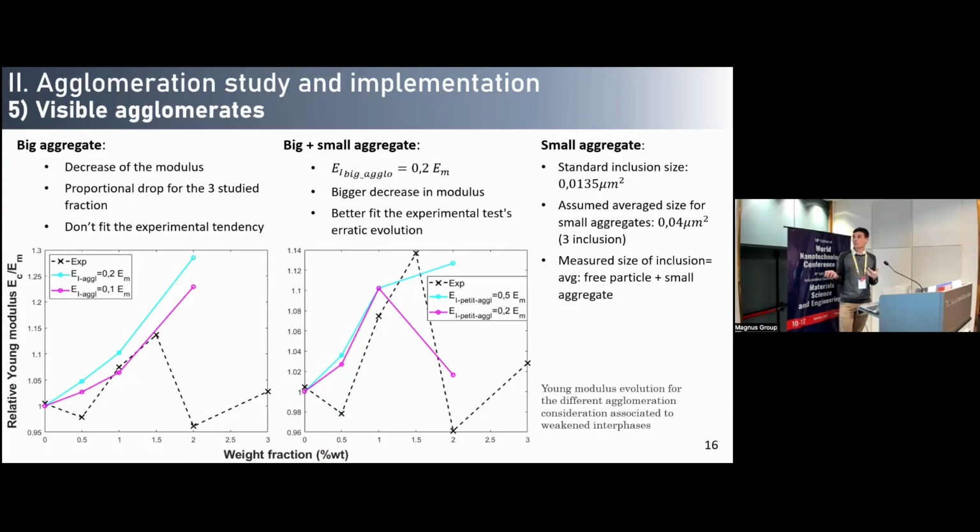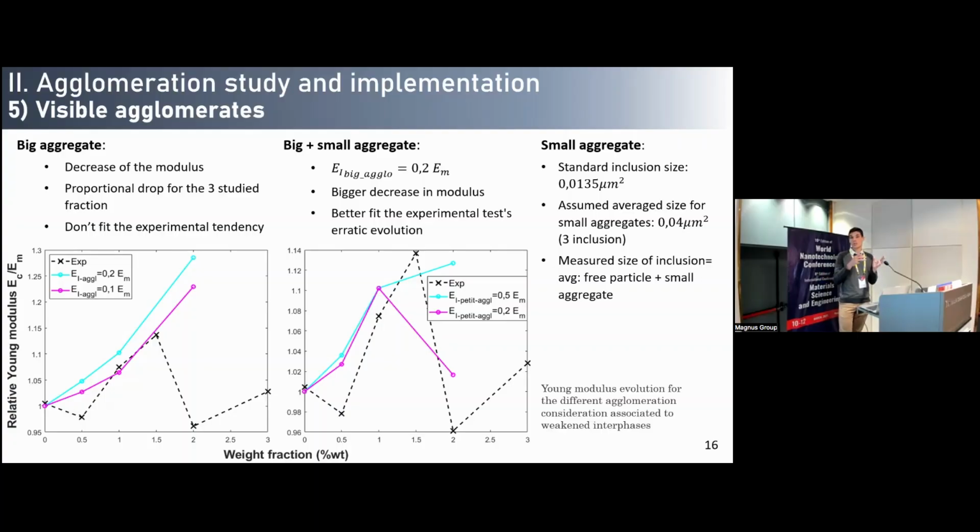So we try to introduce another small aggregate parameter, because from the observation, we saw that the standard inclusion size was much smaller than the one we use to differentiate the free particles from the agglomerates.